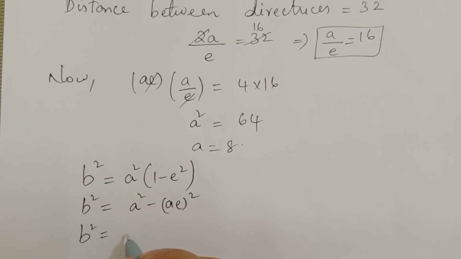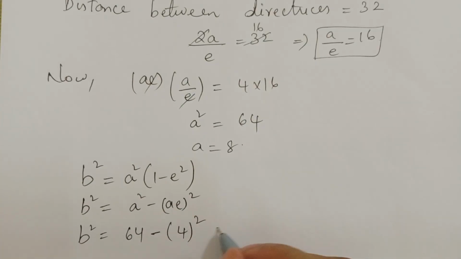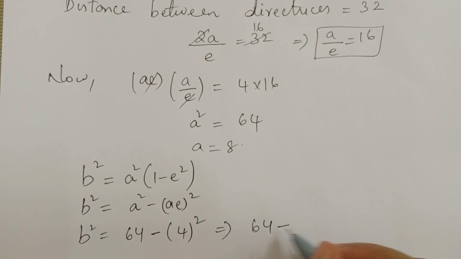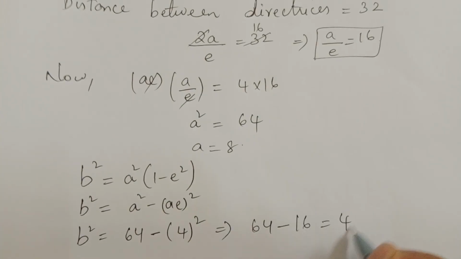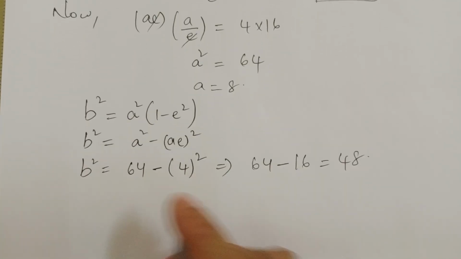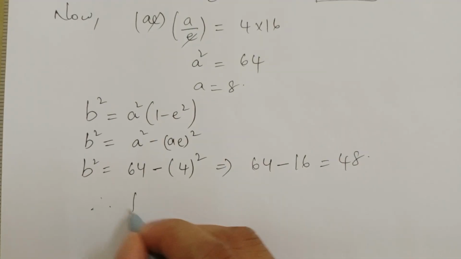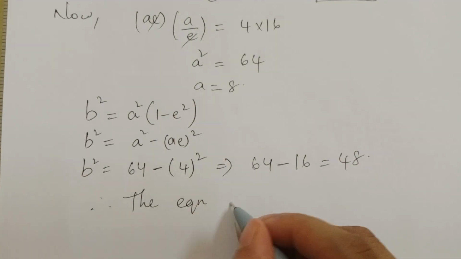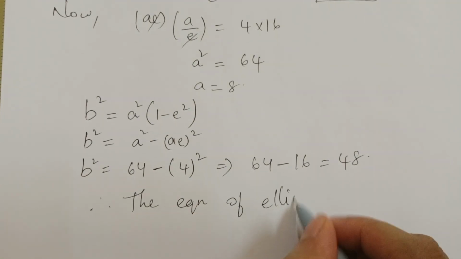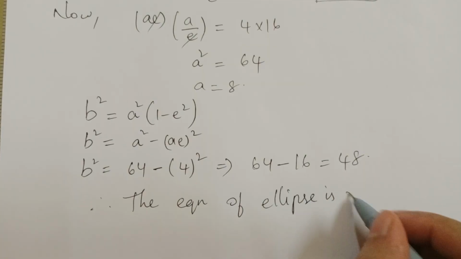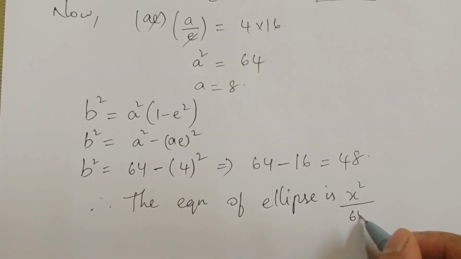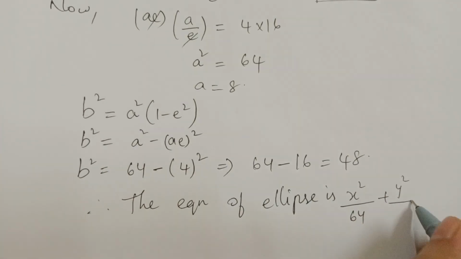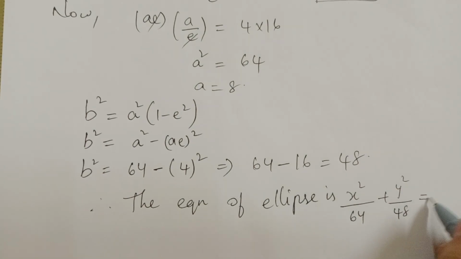So it is b square is equal to a square value 64 minus ae value 4 square, which is equal to 64 minus 16, which is equal to 48. Therefore, the equation of the ellipse is x square by 64 plus y square by 48 equals 1 is our answer.